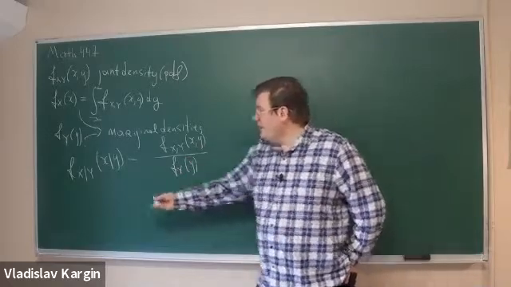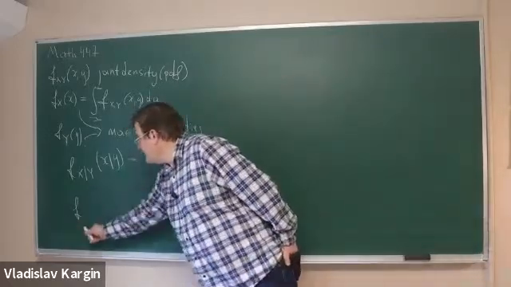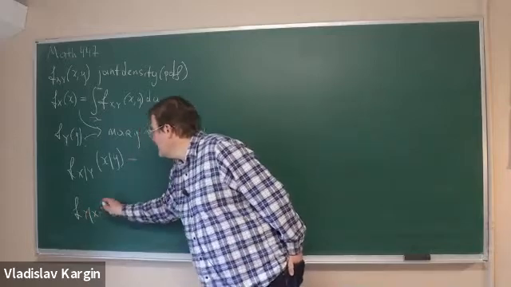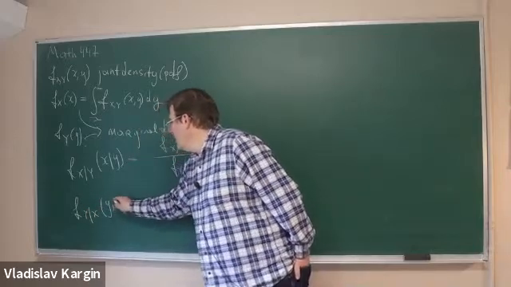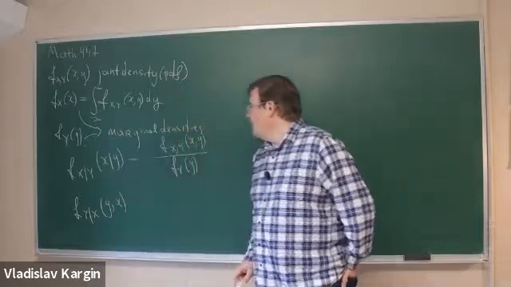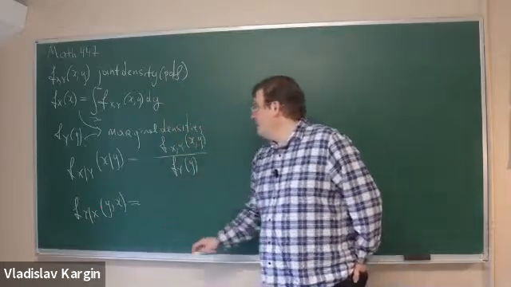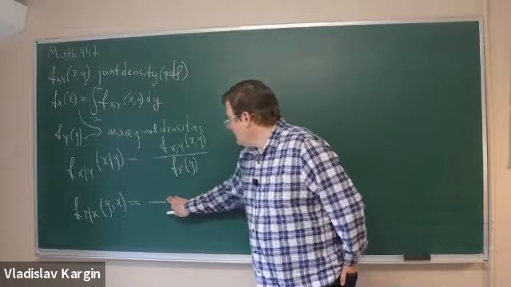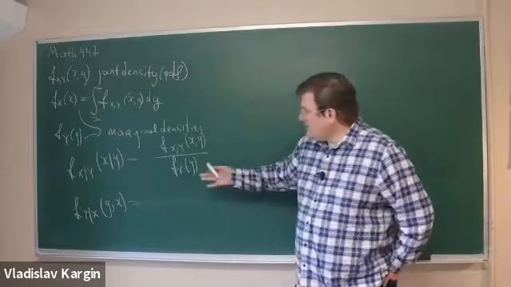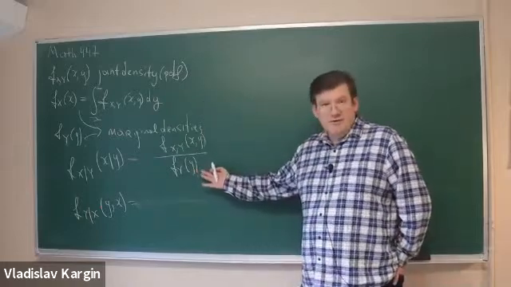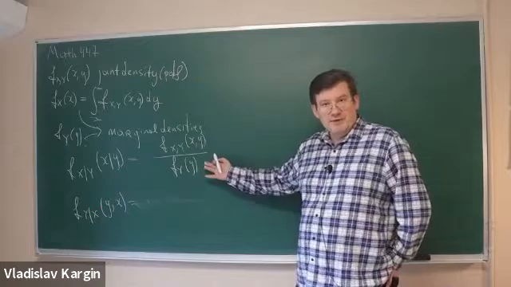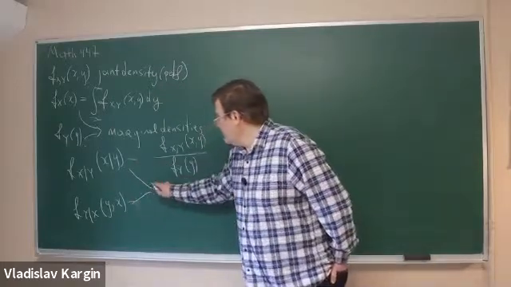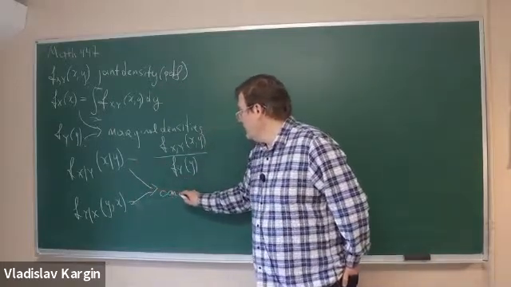And similarly a formula for another one, so they all come in pairs. I will not write a formula, just here will be the joint divided by the second marginal, right? So these are two conditional densities.